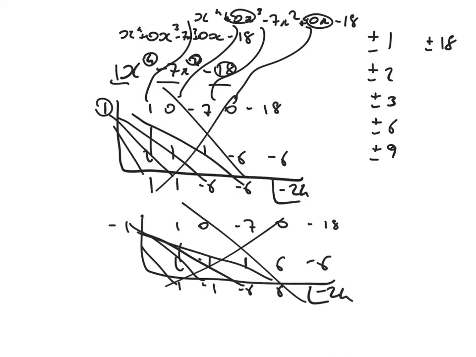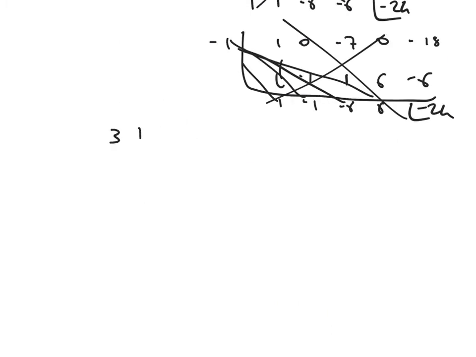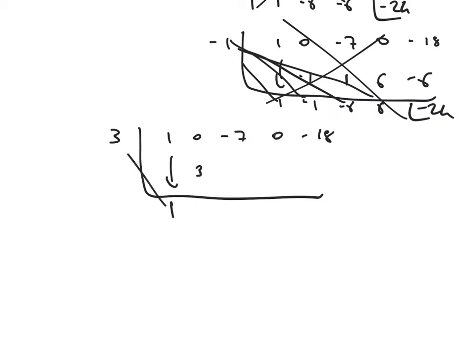Let's try 3. Okay, drop the 1 down. 1 times 3 is 3. 3 plus 0 is 3. 3 times 3 is 9. 9 minus 7 is 2. 2 times 3 is 6. 6 plus 0 is 6. And 6 times 3 is 18. 18 minus 18 is 0.